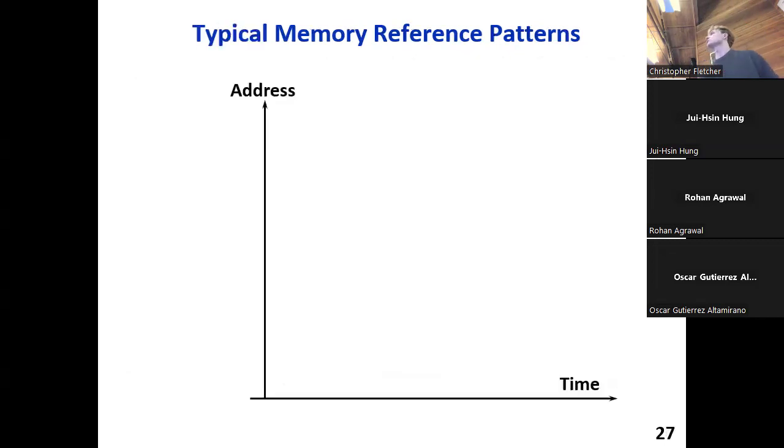What this in cartoon form represents is one of several types of common accesses. So the first is instruction fetches. Does anybody have an idea of what the instruction fetch access pattern in that kind of diagram might look like? Anyone care to conjecture a guess? Yeah. Like a horizontal line?